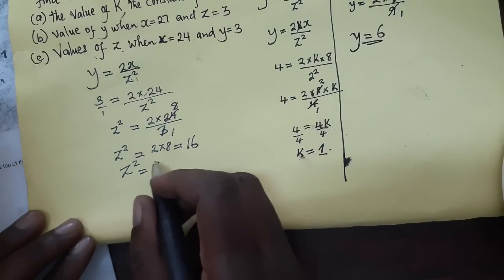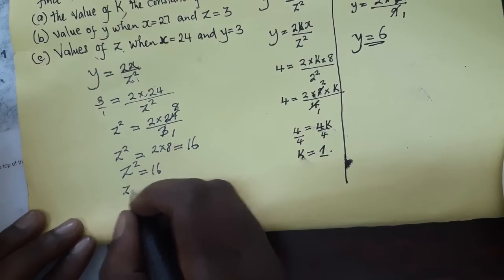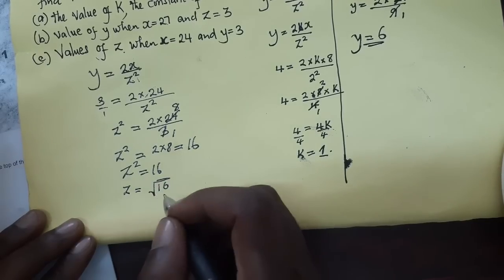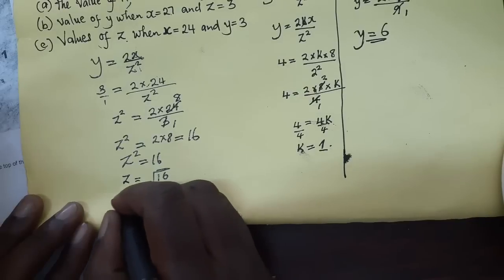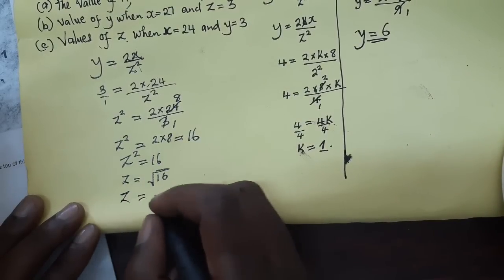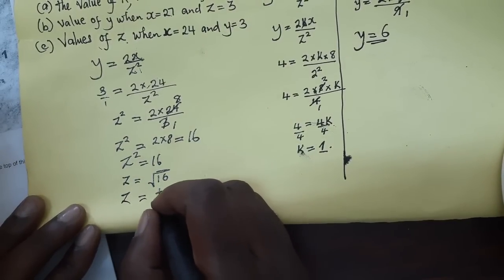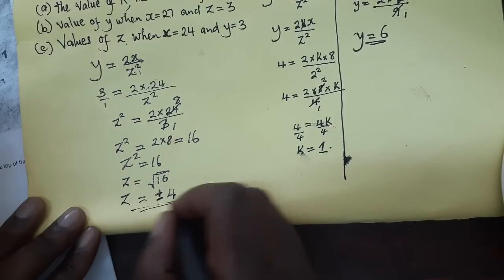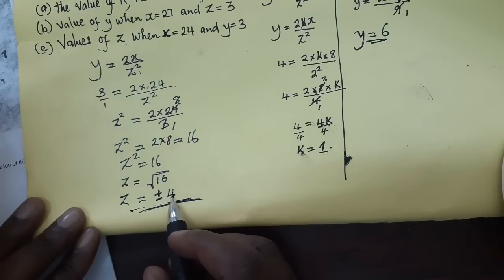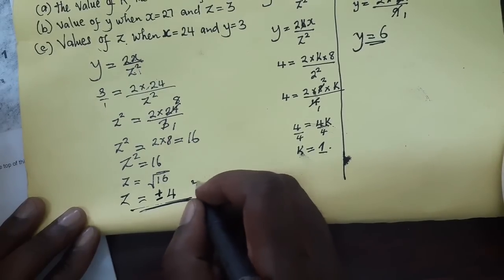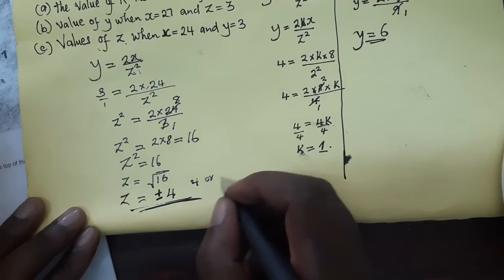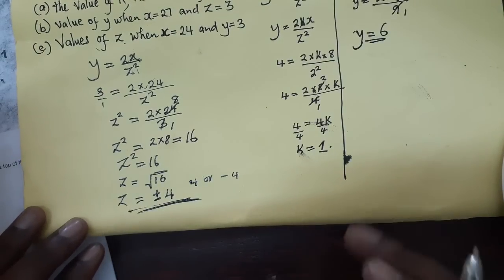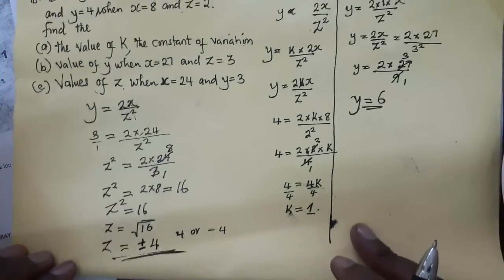Now we want to find the value of z. So we're going to say z is equals to the square root of 16. Therefore, z is equals to positive or negative 4. It's going to have two values. Okay? 4 or negative 4. Alright. That is what we are going to have as our answer.